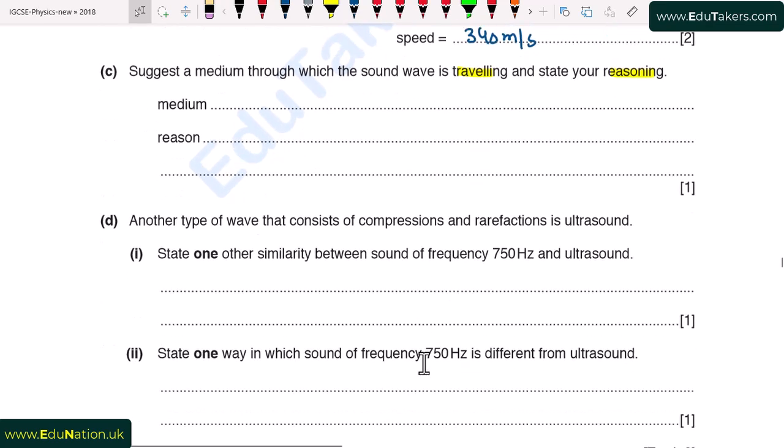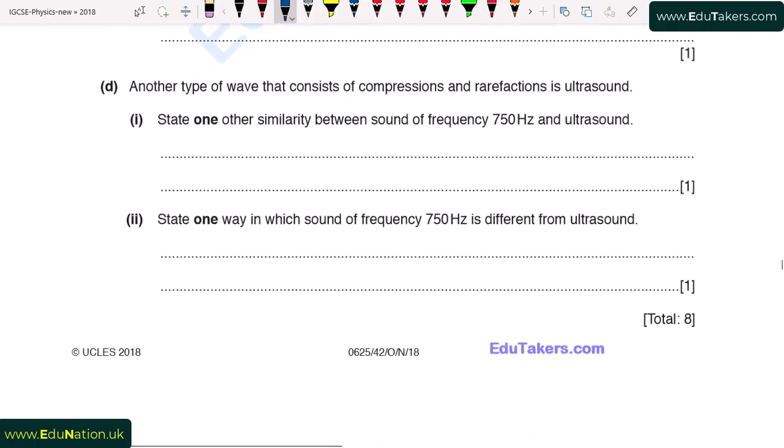I write here medium is air and reason is that speed of sound in air is 340 meter per second.